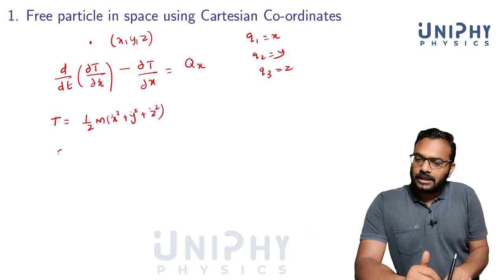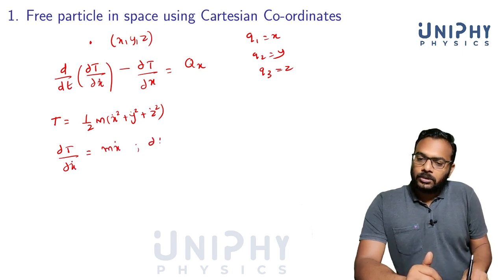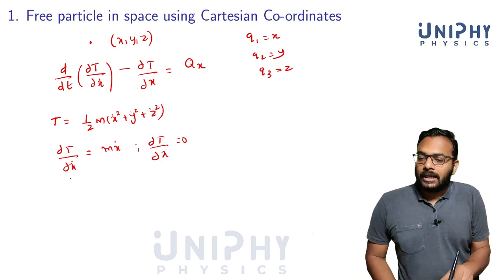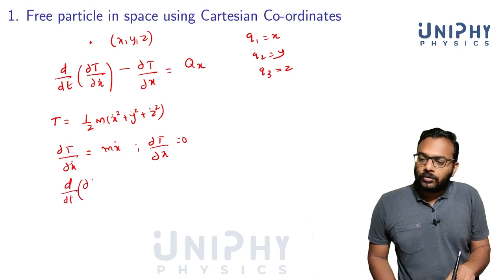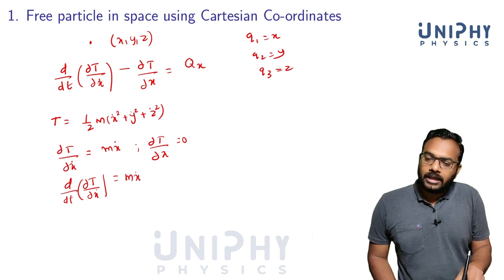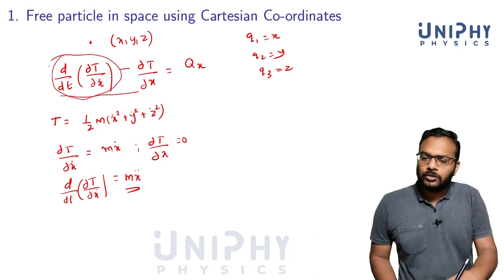So dou T by dou x dot becomes m x dot, and dou T by dou x in this case is equal to 0. If you take d by dt of dou T by dou x dot, you will get m x double dot. We have found this part, it's equal to m x double dot. We also need to find Qx.